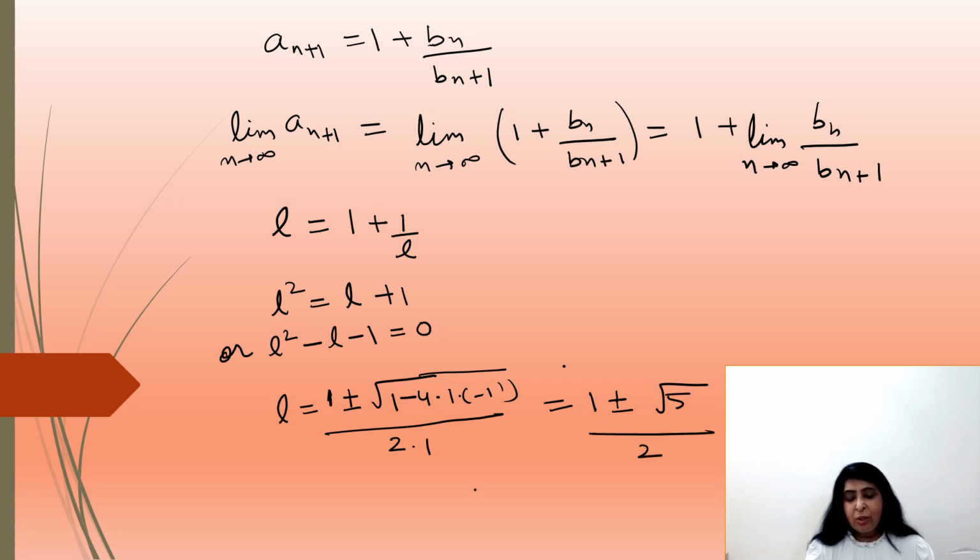Now because an is positive for all n belonging to the set of natural numbers, the answer will be 1 plus root 5 by 2. So this is the correct answer.